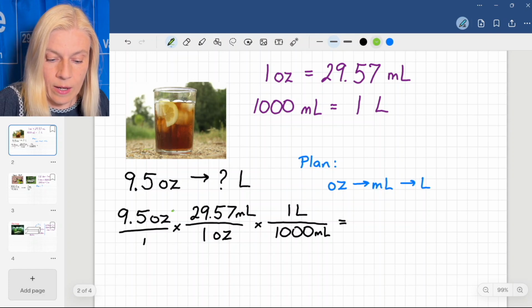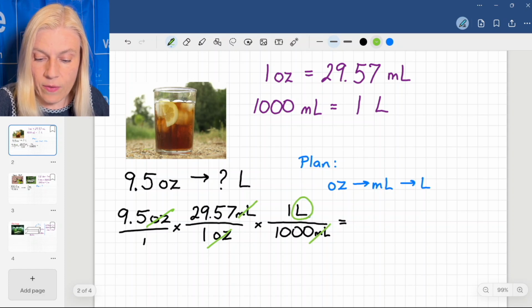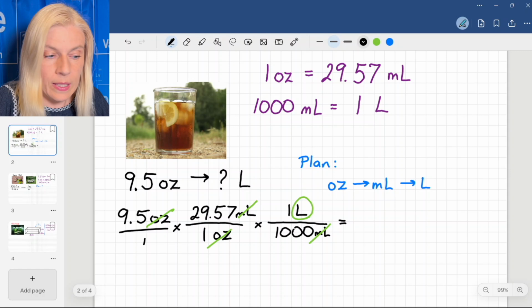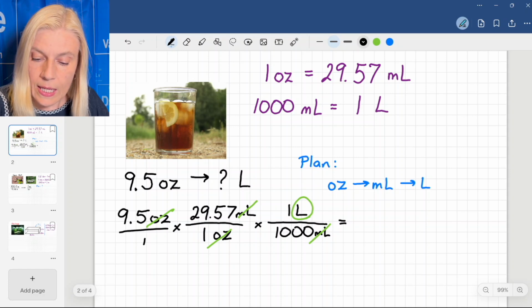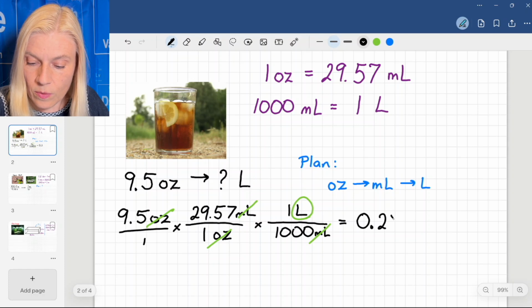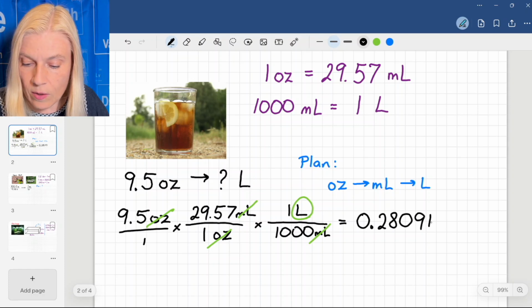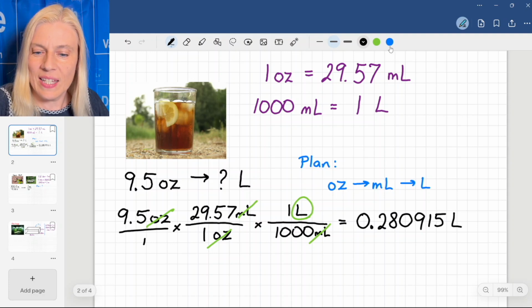Let's make sure ounces cancel out, milliliters cancel out. I'm left with liters. And I plug this into my calculator and I get this answer, 0.280915 liters.